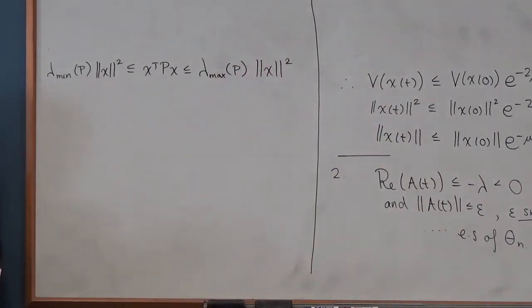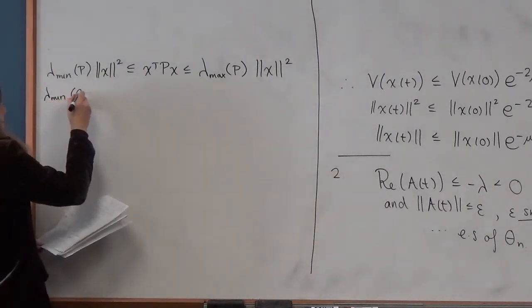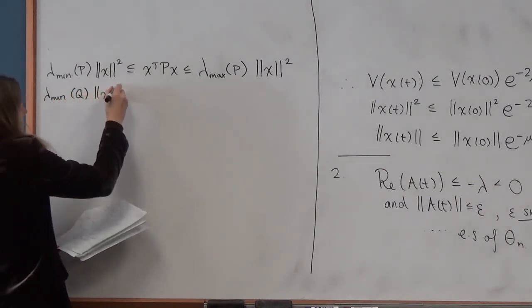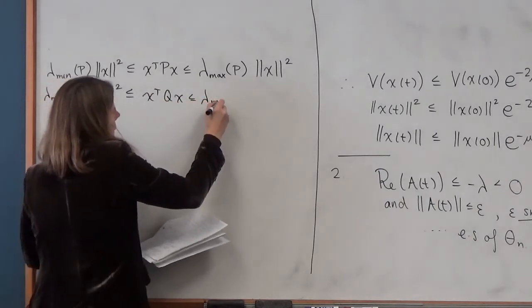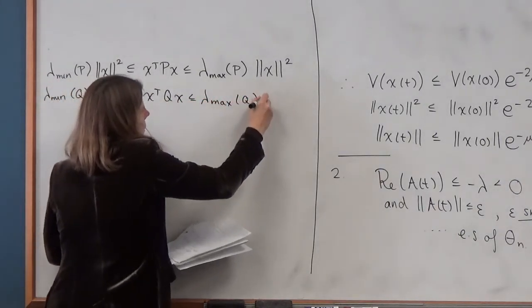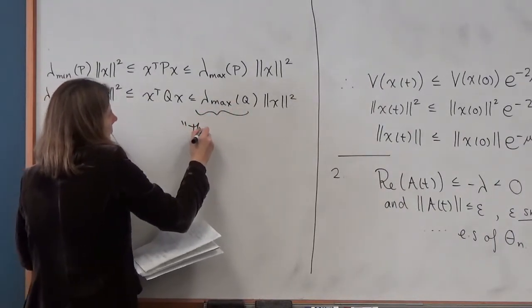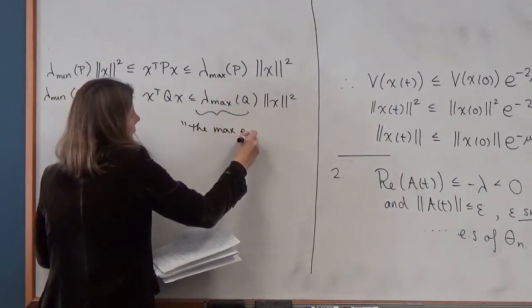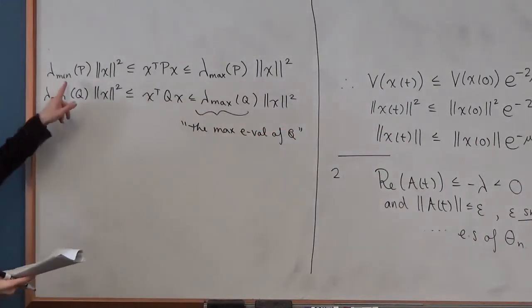Just using the same analysis as in the previous example. And similarly, lambda min of Q times norm x squared is less than or equal to x transpose Qx, which is less than or equal to lambda max of Q times norm x squared. This notation means the maximum eigenvalue of Q, the minimum eigenvalue of P, etc.